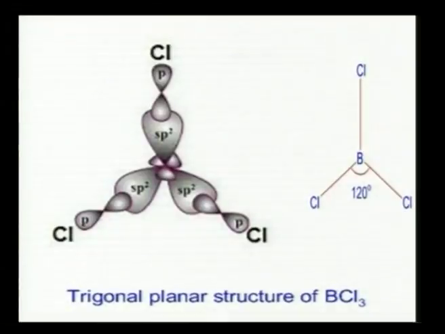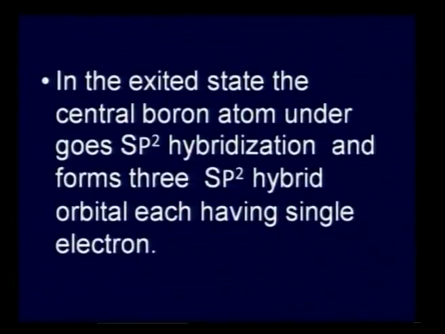Here the central atom is boron and those 3 are chlorine orbitals. In the excited state the central boron atom undergoes sp2 hybridization and forms 3 sp2 hybrid orbitals, each having a single electron.